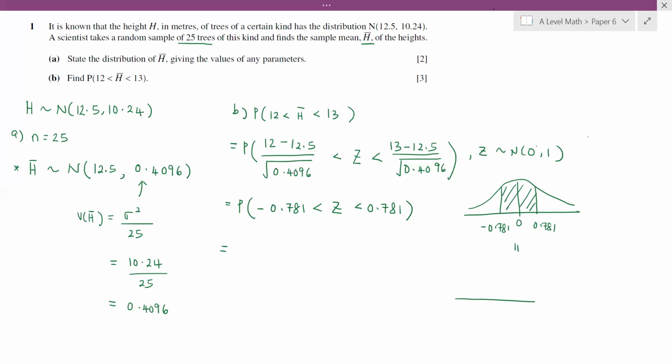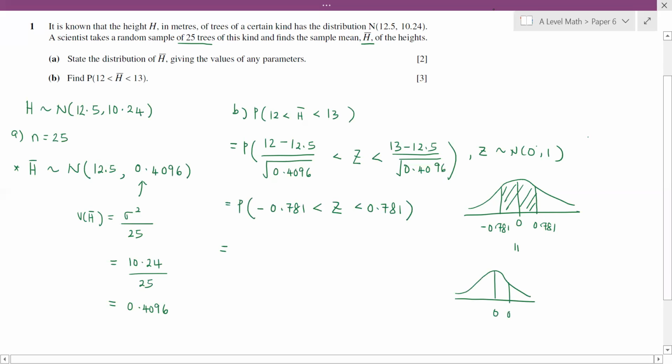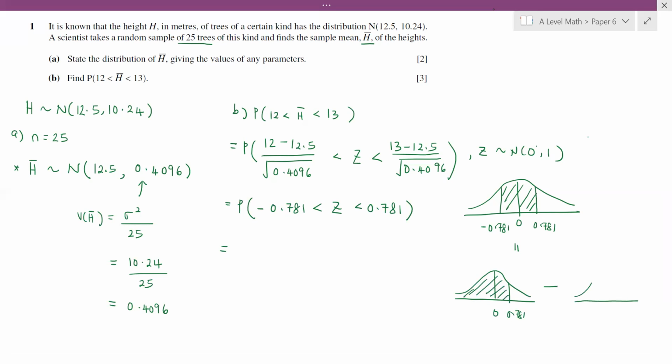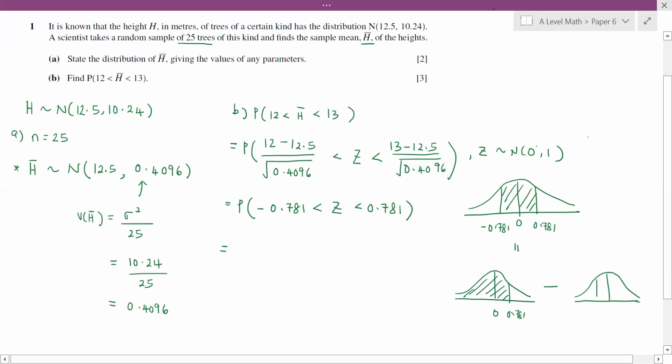In order to find this area, the standard normal table given to you is just a left tail table. This is 0.781. We have this value here. We need to subtract this now.